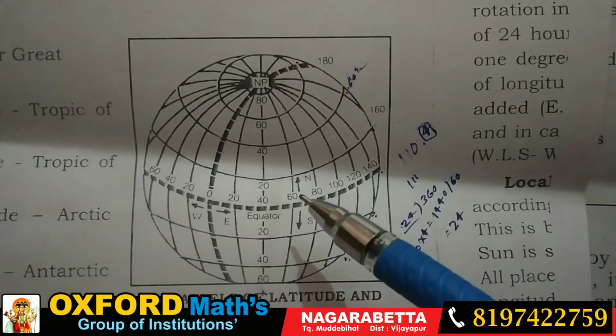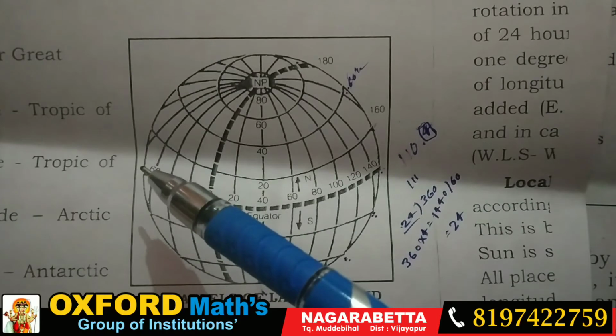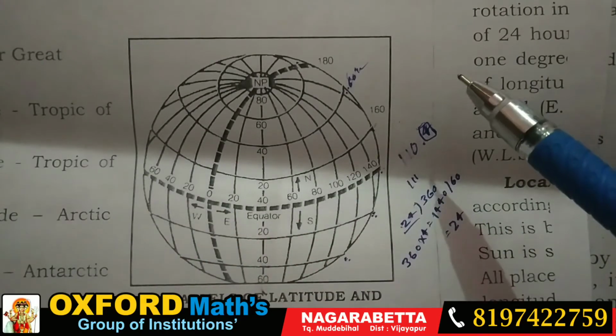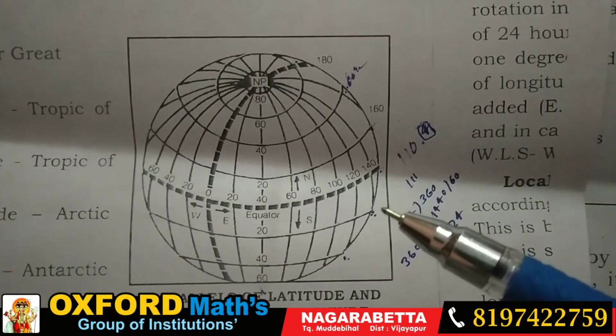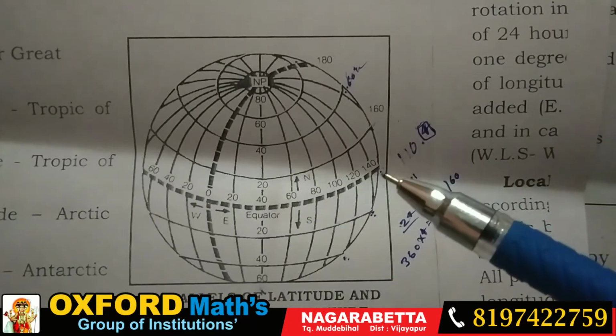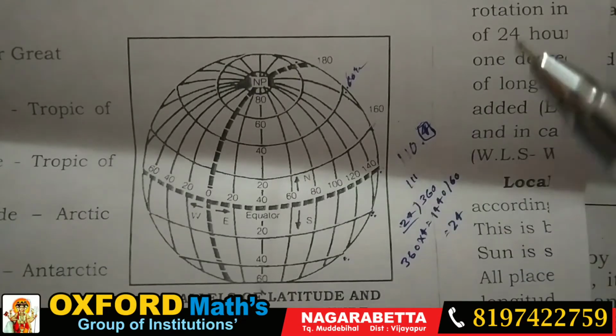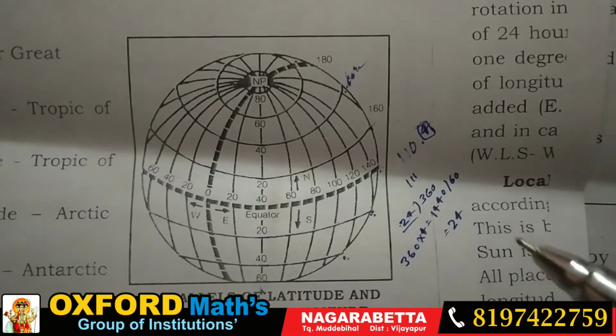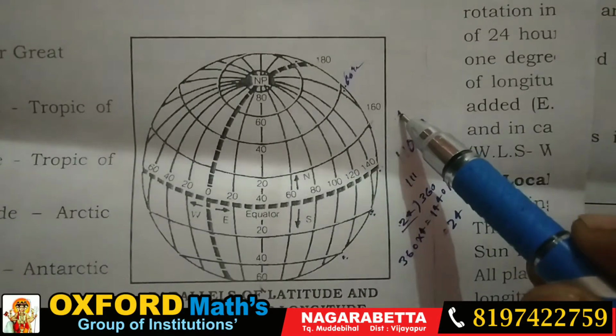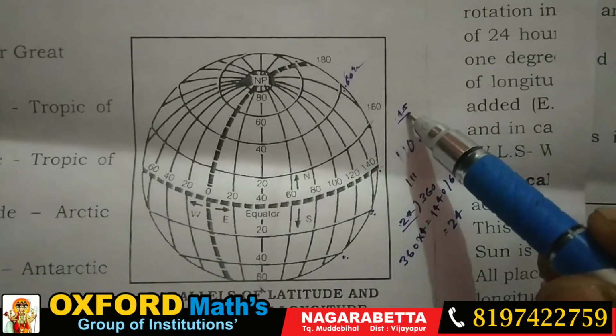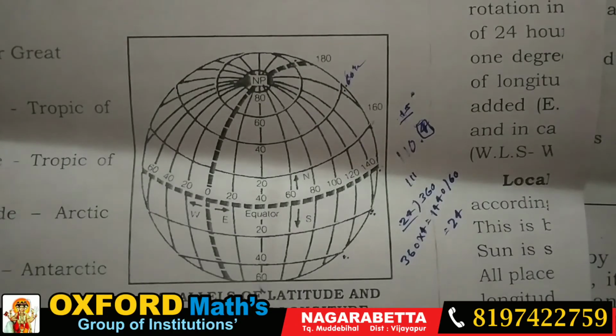If you travel to the west side, you subtract; if you travel to the east side, you add. For the time difference, every 1 hour is 15 degrees. For every 1 hour, how many degrees does the earth move? 15 degrees. So the longitudes help us maintain the time.